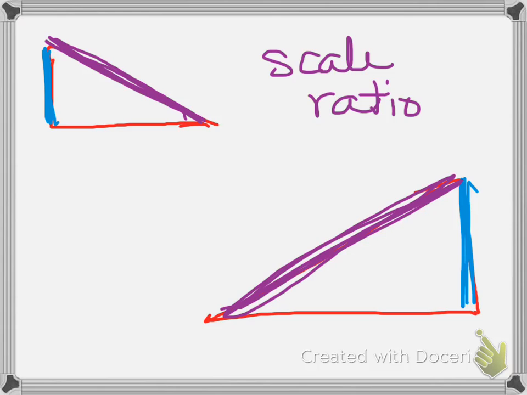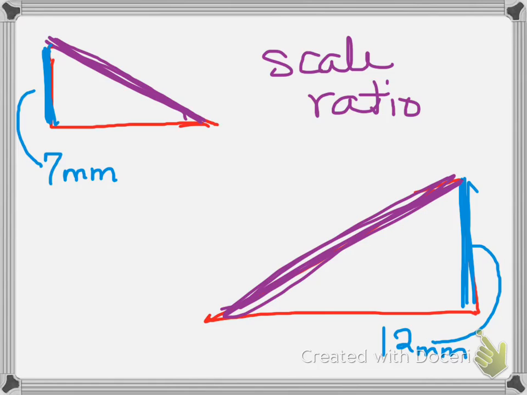You would measure the blue line for the small triangle, and let's say you got 7 millimeters. Then let's say you measured the blue line for the big triangle, and you got 12 millimeters.